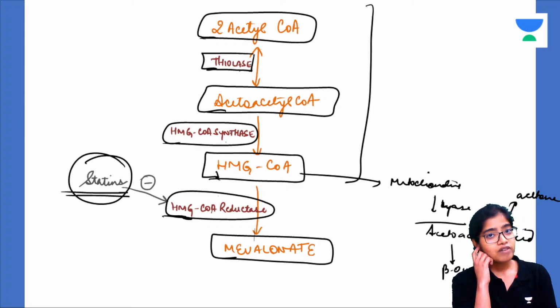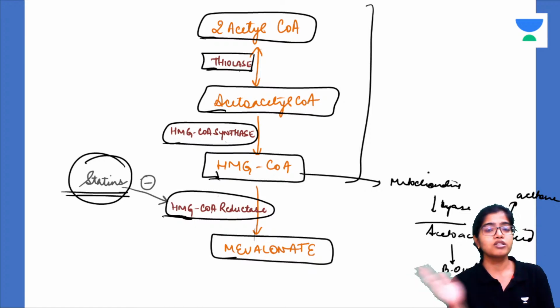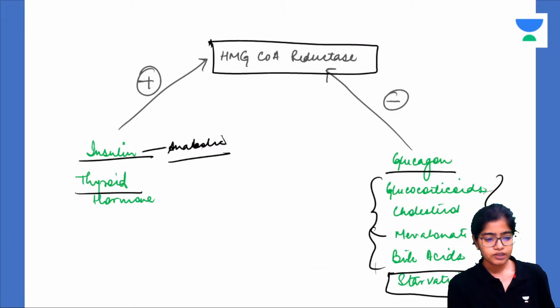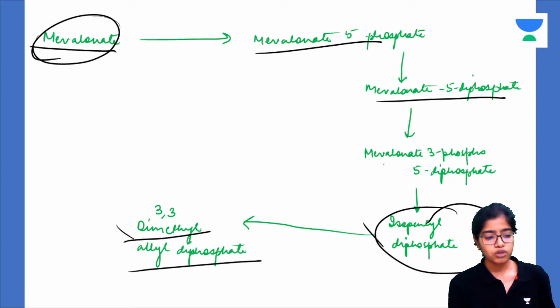Very important, starvation inhibits HMG CoA reductase. How? Because it shifts the equilibrium towards ketogenesis, which is the source of energy in starvation, when all the glucose has been exhausted and all the glycogen stores have been exhausted. Okay, so these are the important points about cholesterol synthesis.